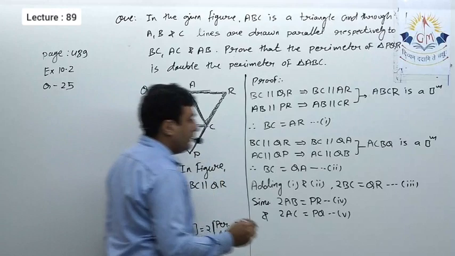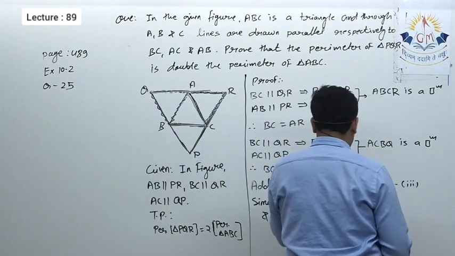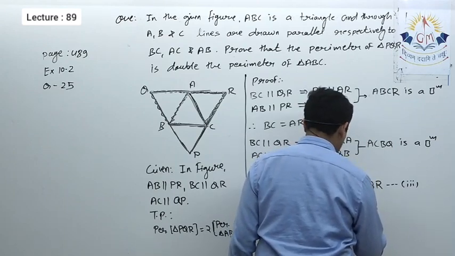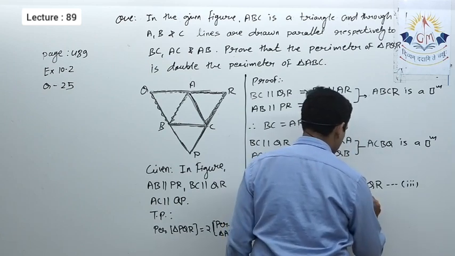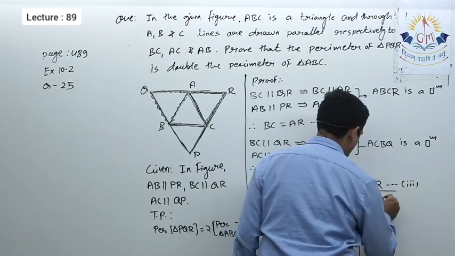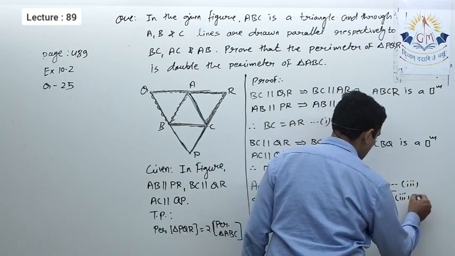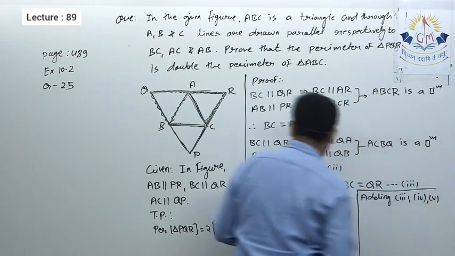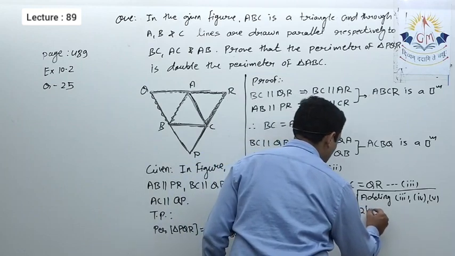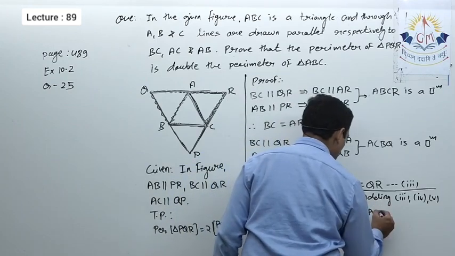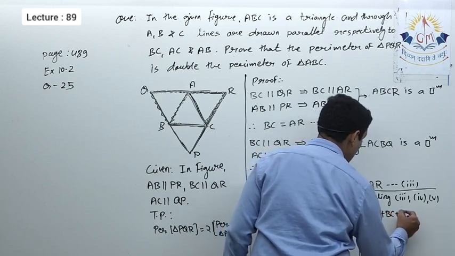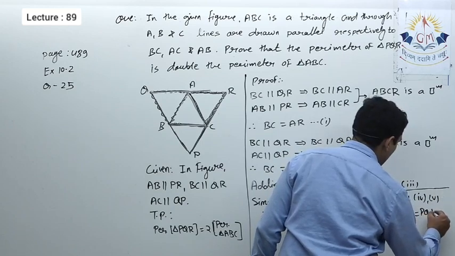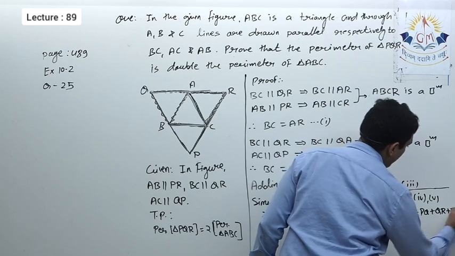So now on adding third, fourth and fifth, what I will get: twice AB plus BC plus AC is equal to PQ plus QR plus RP.